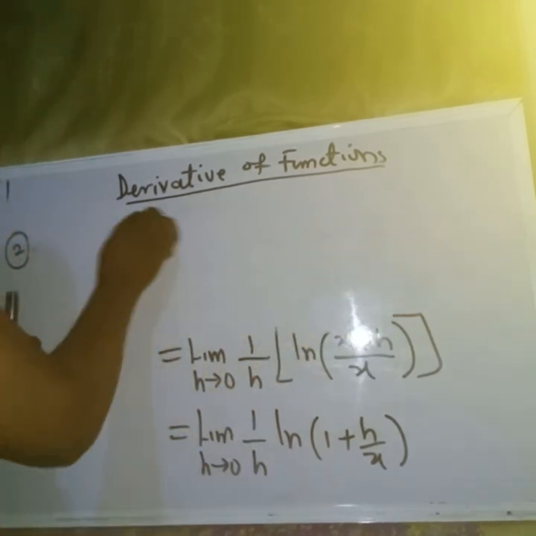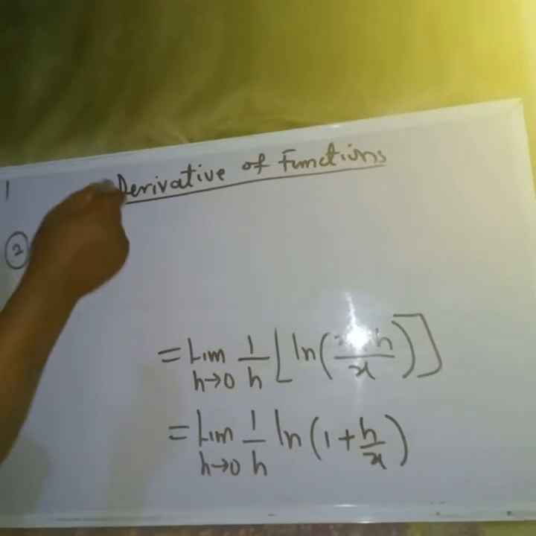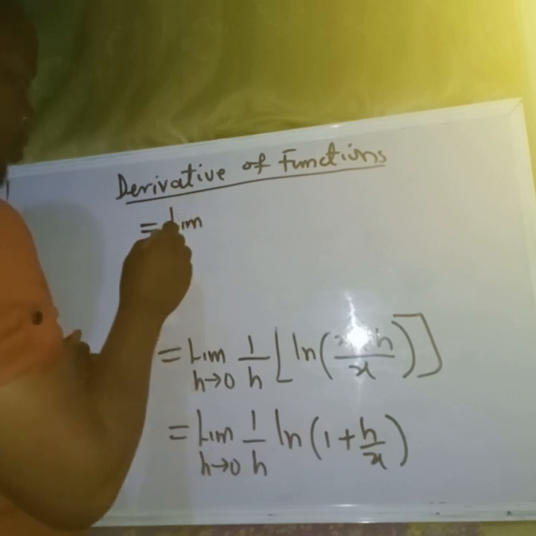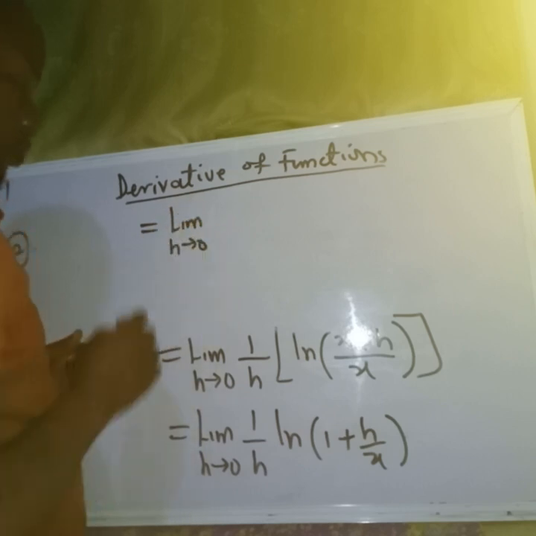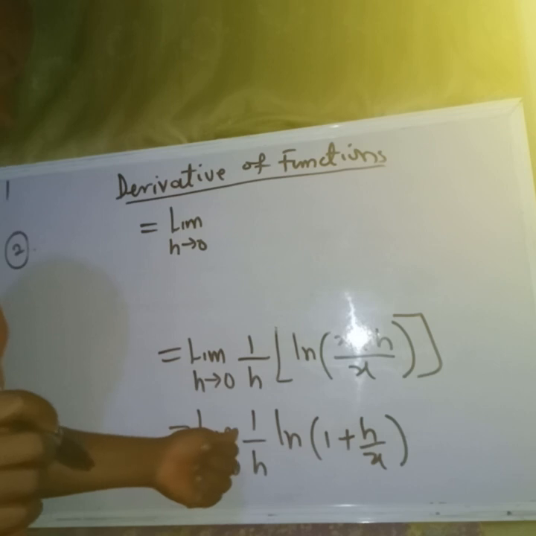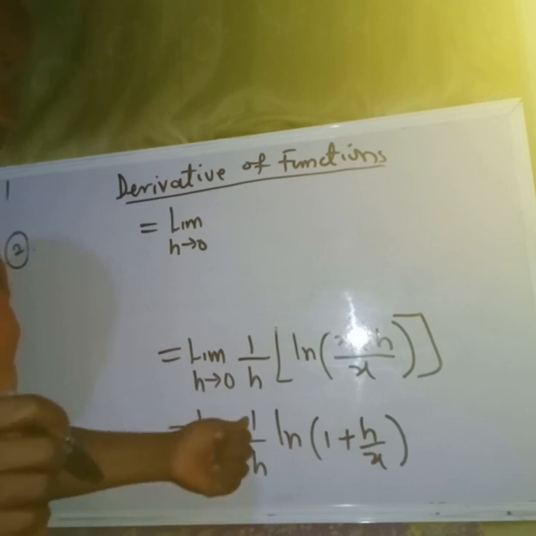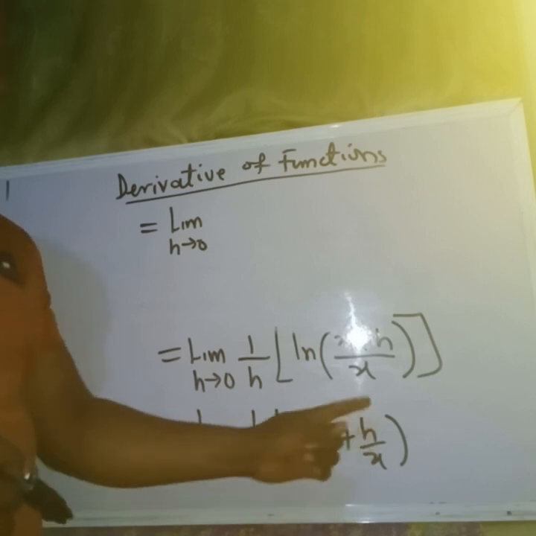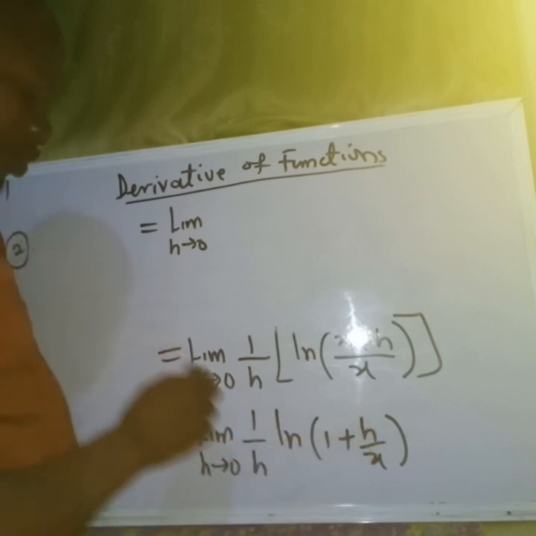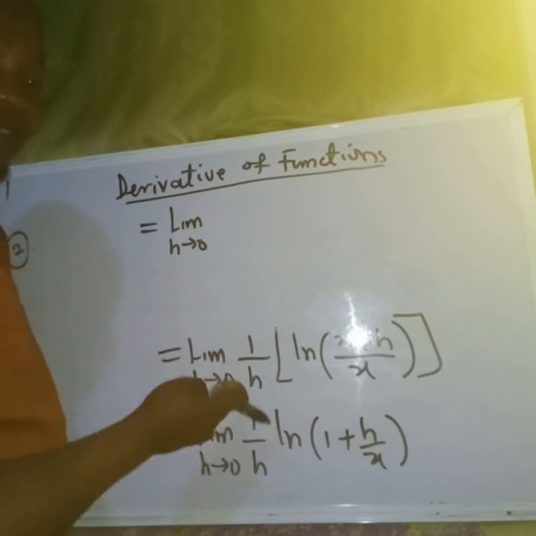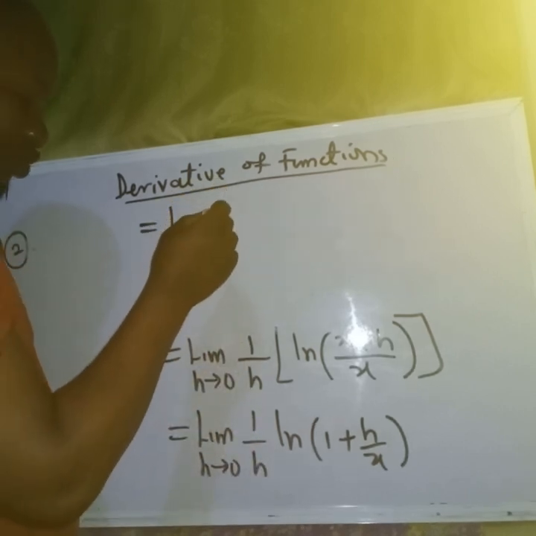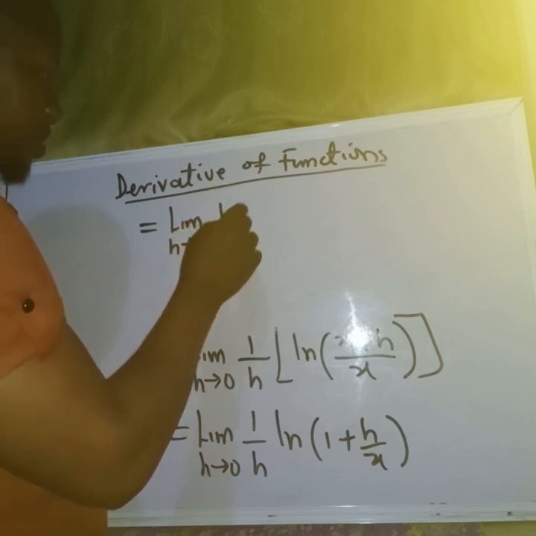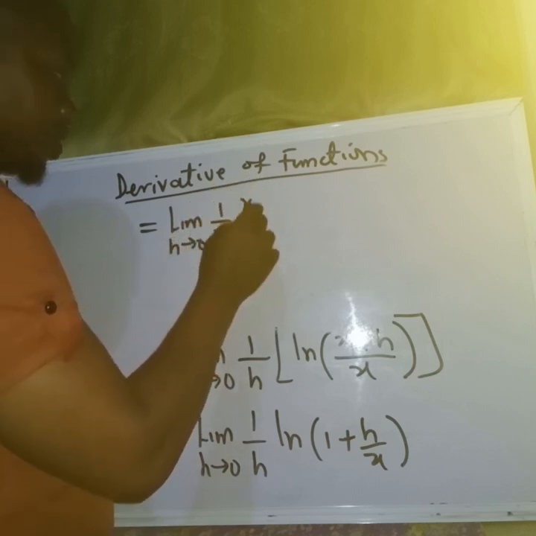This will be equal to the limit as h tends to 0. We want to introduce a term here and then reciprocate the term that we have here. If you introduce the term 1 here, that's x over x, so this will be 1 over x times x over h.